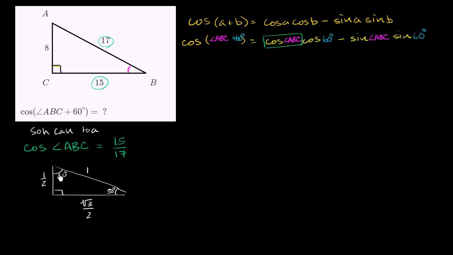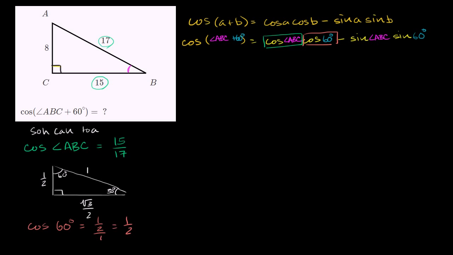So the cosine of 60 degrees, if you're looking at this side right over here, let me write it in a color I haven't used yet. So I care about the cosine of 60 degrees. The cosine of 60 degrees is going to be equal to, once again, adjacent over hypotenuse, 1/2 over 1. It's going to be equal to 1/2 over 1, which is equal to 1/2.